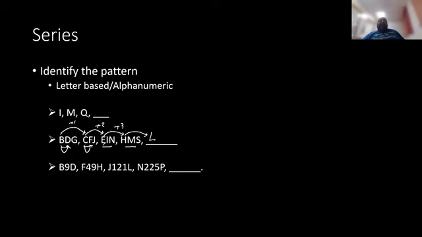C, D, E, F is plus 3. E, F, G, H, I is plus 4. H, I, J, K, L, M is plus 5. So from here we'll have a plus 6.